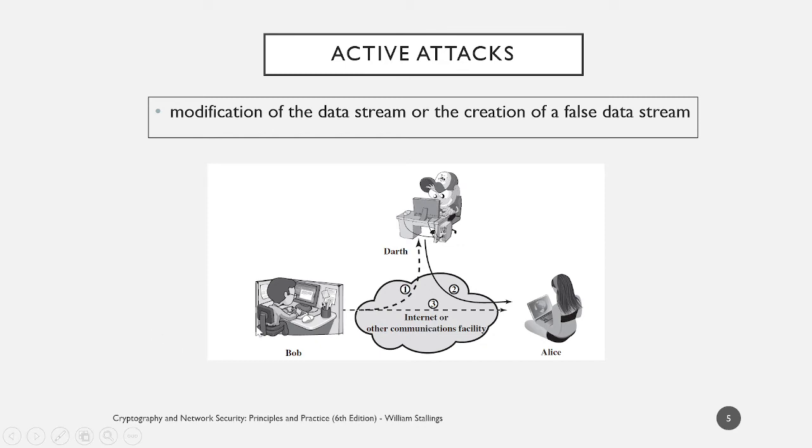So there are three parts here. One is the legitimate user, Bob, who is able to communicate with Alice. Next, the message is captured by Dart. He does some modifications, or he creates his own messages and sends them to Alice.